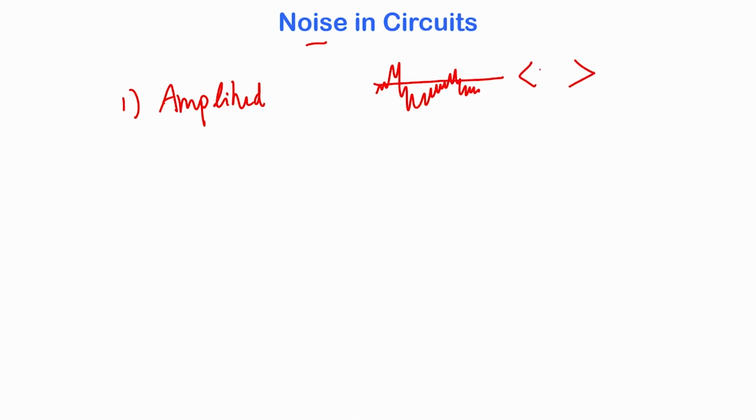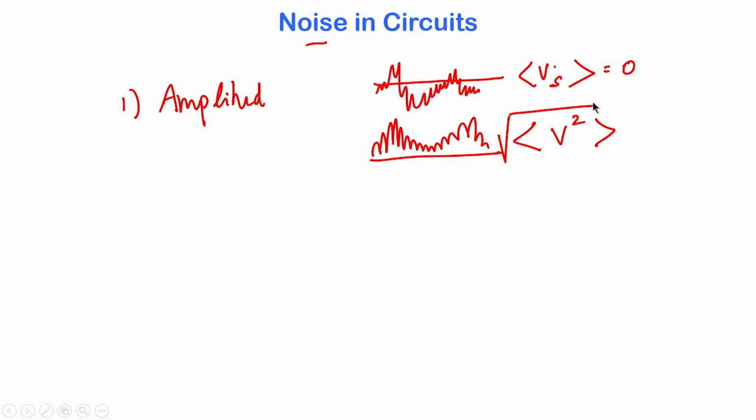The average of this kind of random signal would be basically 0. Instead you must first square the signal and calculate the average of the square of that signal, or maybe take the root of that, that is the root mean square of the signal, in order to get your estimate of the amplitude.